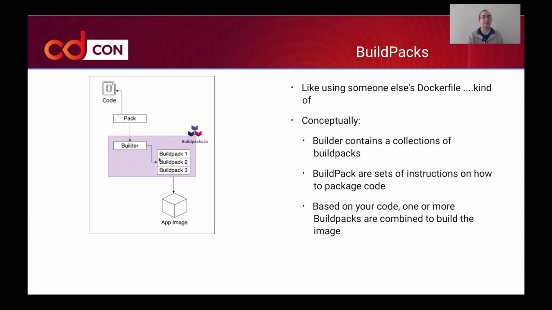And this builder will pass the code to the Buildpacks that will analyze the code and determine if they are applicable to that particular code base. So for example, if we had a Node.js application and you had a package.json, then it would run a Node related build.